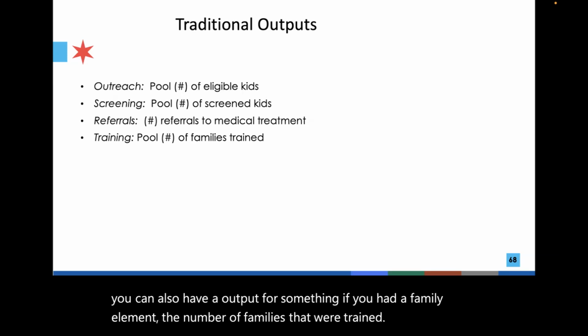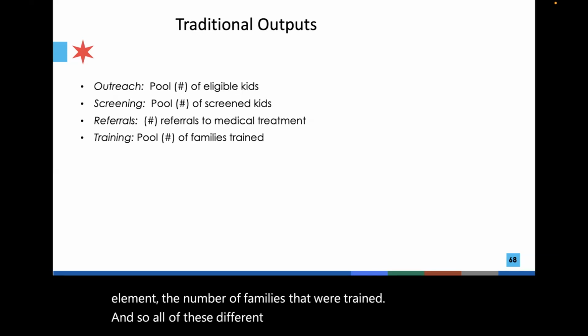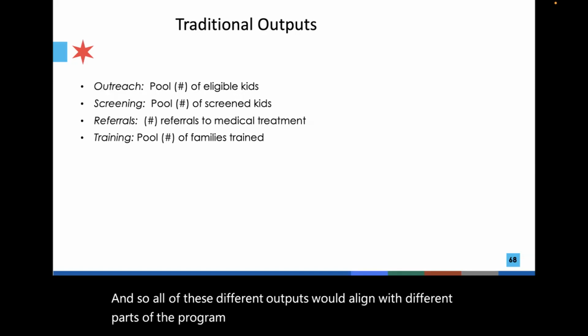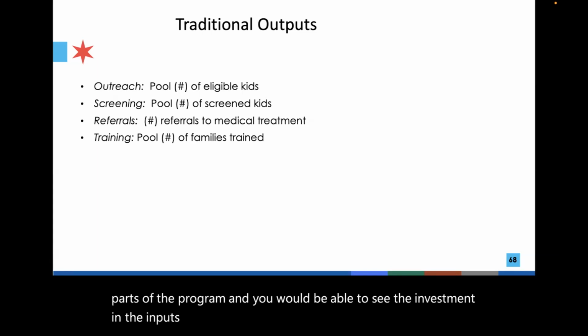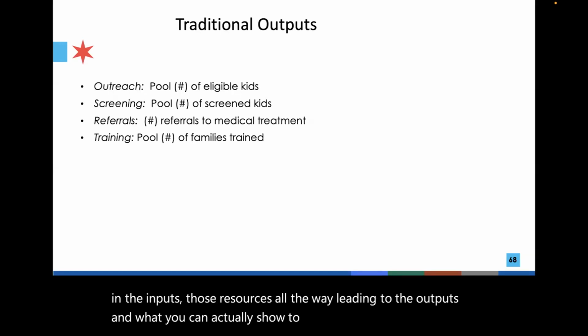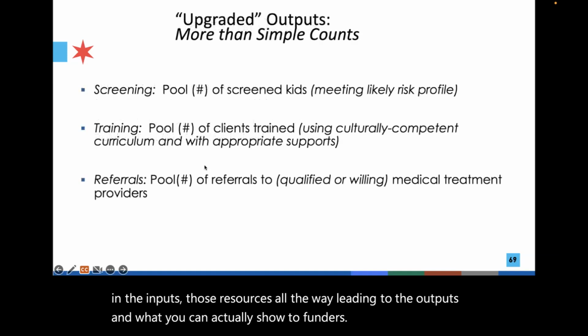And so all of these different outputs would align with different parts of the program. And you would be able to see the investment in the inputs, those resources, all the way leading to the outputs and what you can actually show to funders. And you can go to the next slide.